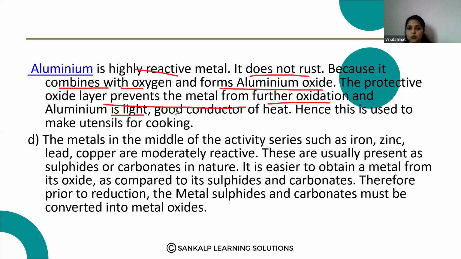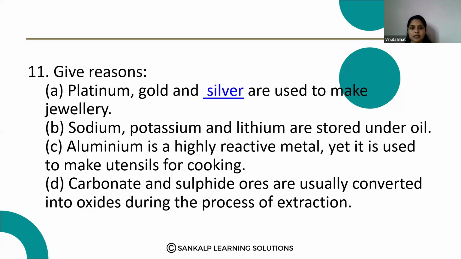Also, aluminium is a good conductor of heat, which is very important. Hence it is used to make utensils. Yes, it is highly reactive but it forms the aluminium oxide layer, which will not undergo further oxidation.